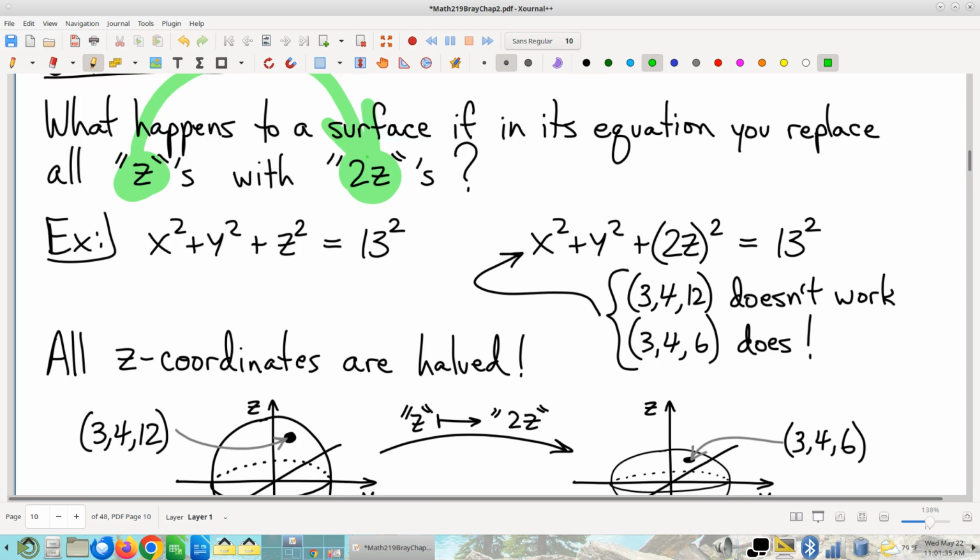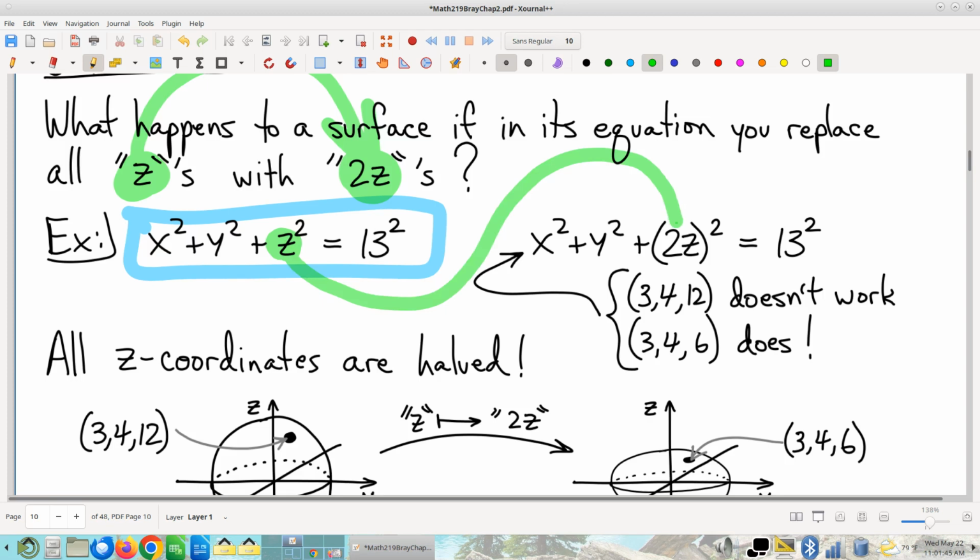So, for example, you look at this equation right here. And now notice, as indicated above, where there was previously a z, I replace it with 2z. Now, just to be clear, when I say replace, I don't mean typographically. I don't mean just stick a 2 in front of it.